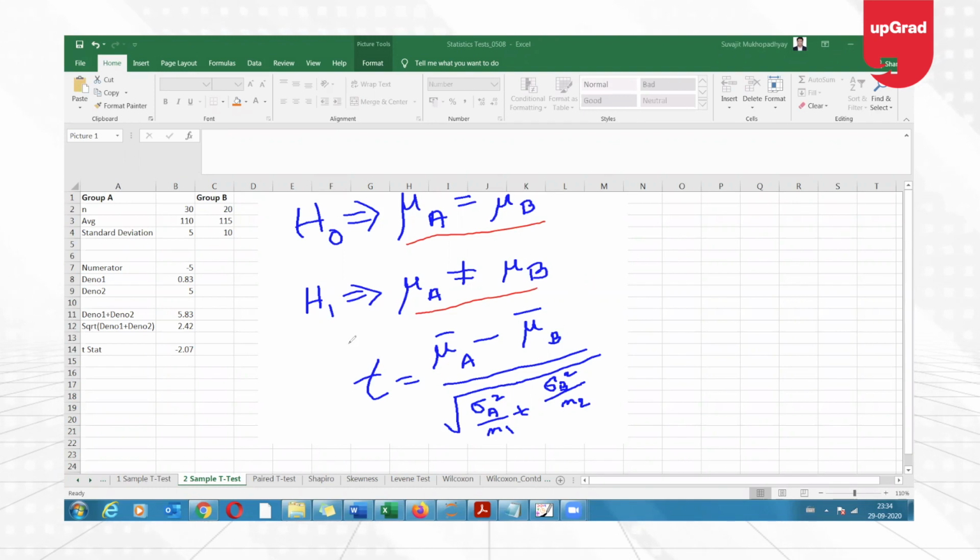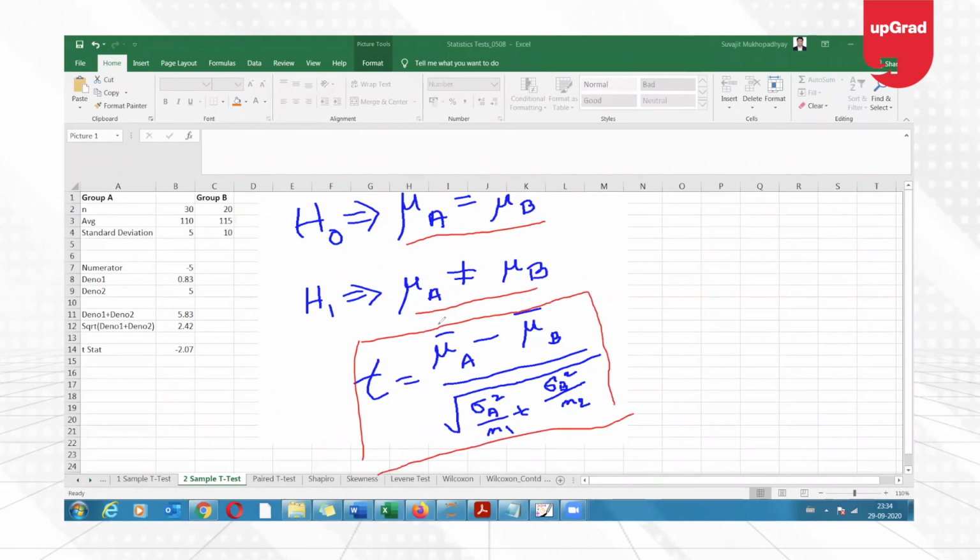The formula is this. We take the mean of group A, in this case school A. We take the mean of B, in this case school B. We take the standard deviation, and then we have the number of observations with which we are dealing.